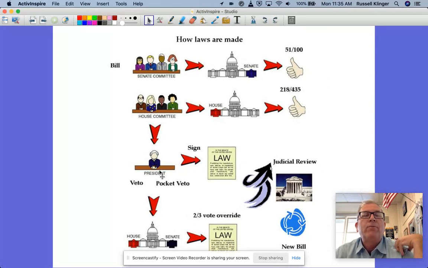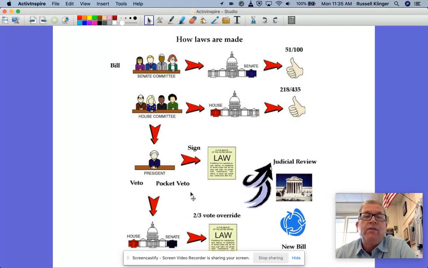Then it goes before the president, who has two choices. They can sign it, and boom, it becomes a law, or they can veto it. They can just say, I'm not going to sign it, by not signing it, or they can wait on it.